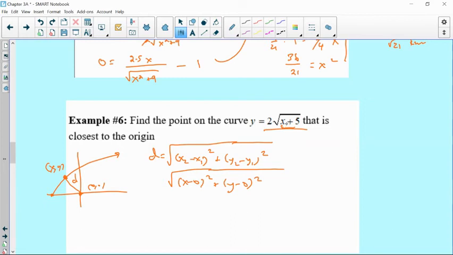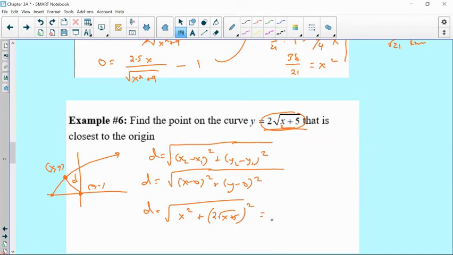And we can even substitute this in for our y, because it's wanting an equation in one variable, not two. So this becomes x minus 0, which is just x squared, plus 2 root x plus 5 minus 0 squared.